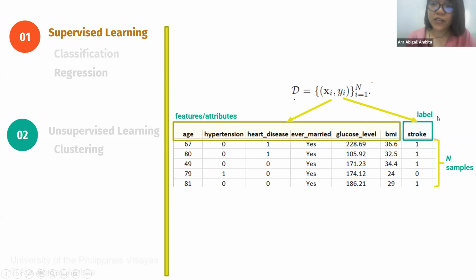We consider this as supervised because there is an associated label and the model can learn from this label. This label y can either be categorical or nominal.